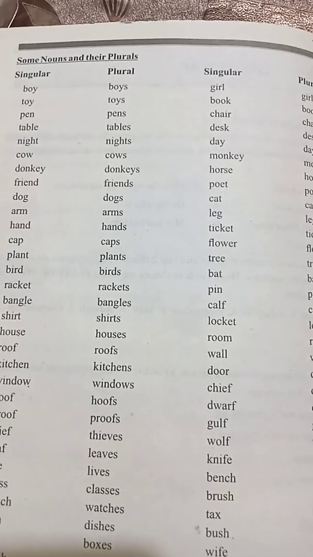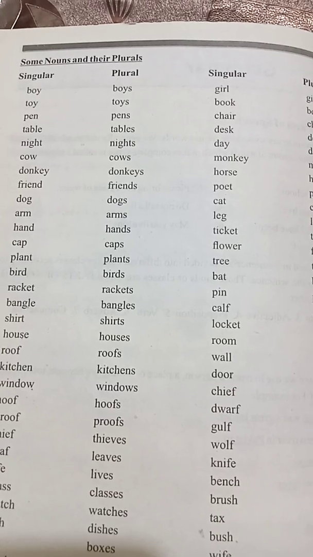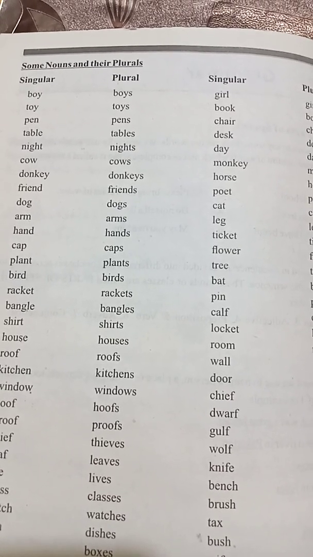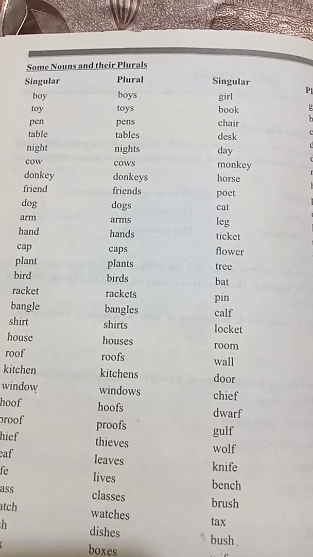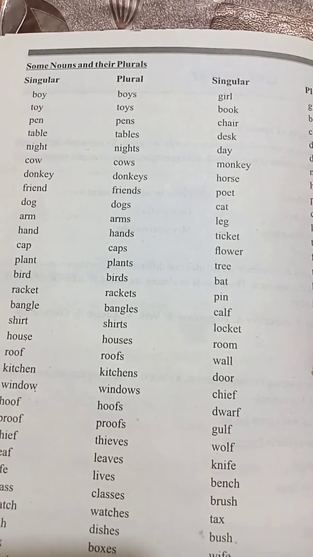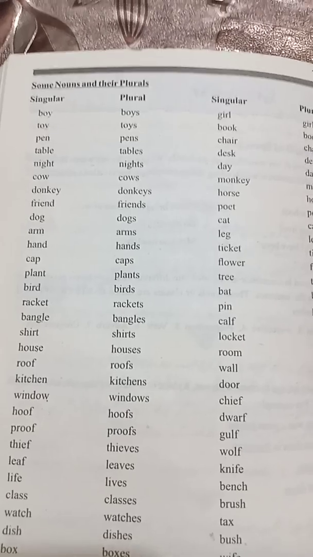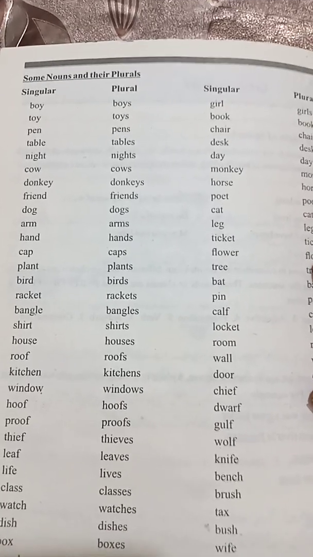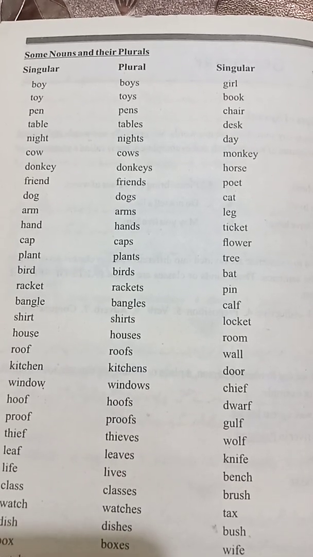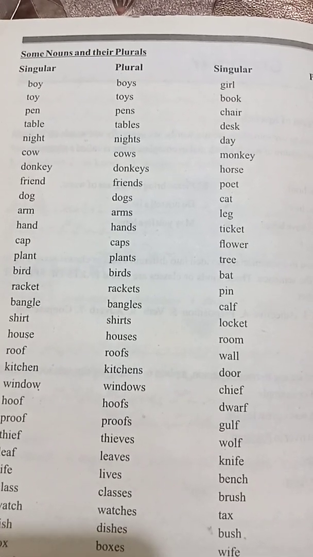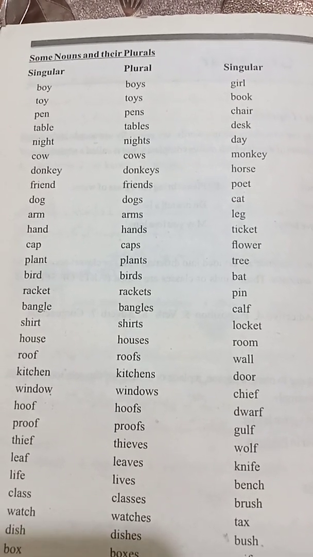The nouns which are ending with s, double s, sh, ch, o, double o, z and x: if the nouns are ending with these letters, we will put es after the noun. And for the other remaining ones, if the noun is ending with other consonants, we will put s after the noun.